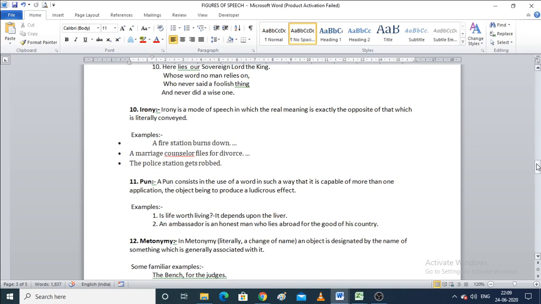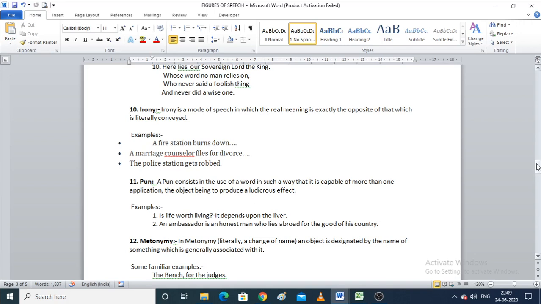Irony. This is a very interesting one. An irony is a literary device where we are speaking exactly the opposite of the real meaning. Now, a very, very easy example.